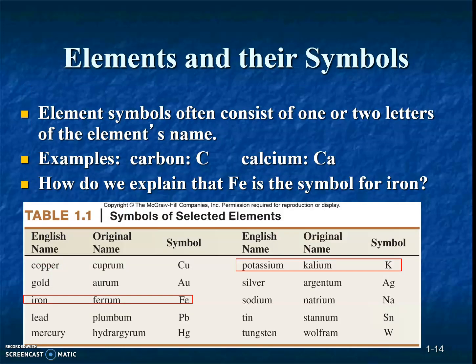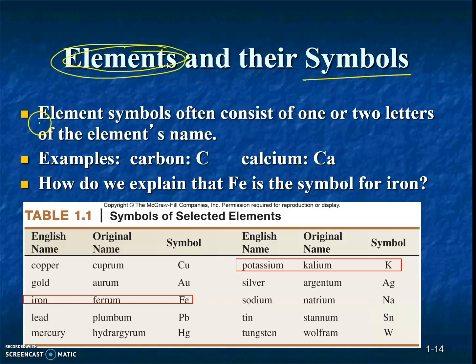Okay, so to make our life easier, we use symbols to represent elements, and we use formulas to represent compounds. That makes our life easier in chemistry.